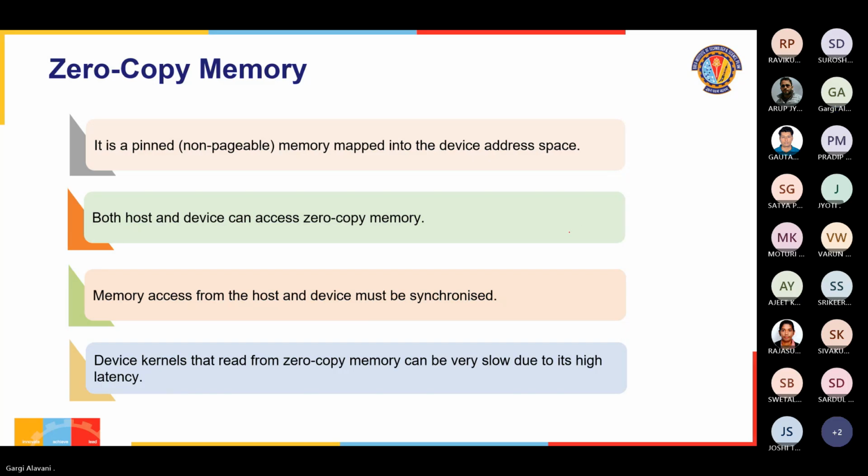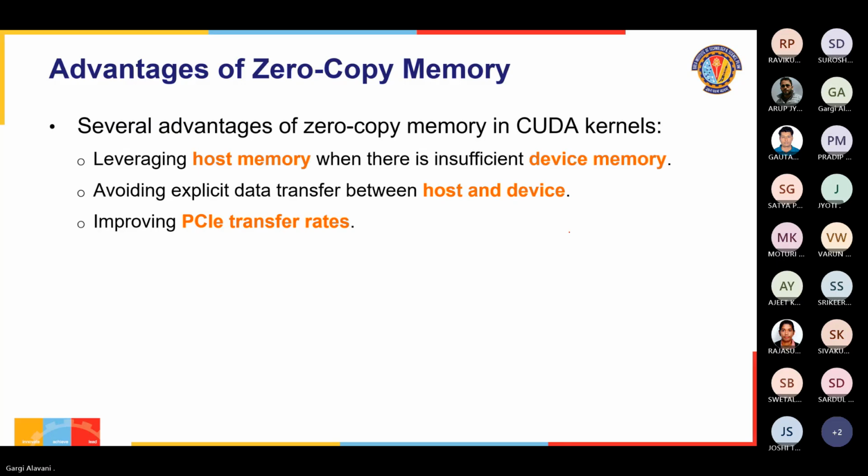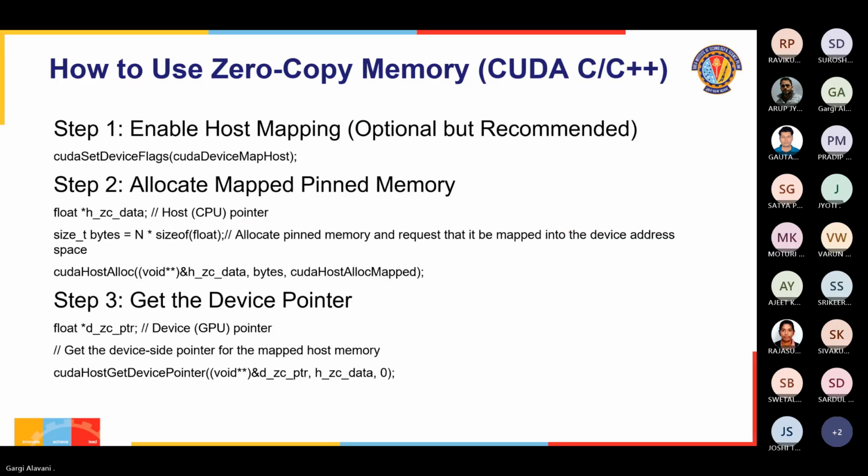So you first enable the host mapping, which is optional but recommended. Allocate a mapped pinned memory using cudaHostAlloc with cudaHostAllocMapped. Then this data that you allocate is pinned.